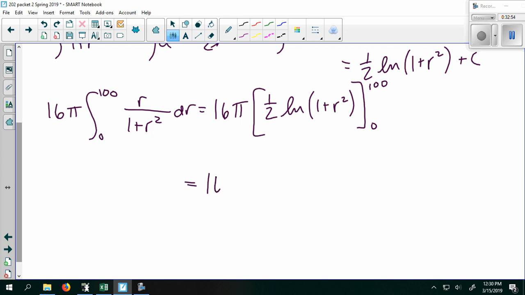Plug in 100, and I have 1/2 times the ln of 100 squared is 10,000, plus 1 is 10,001. And then when I plug in 0, I get 1/2 the ln of 1. The ln of 1 is 0, so that's 0.